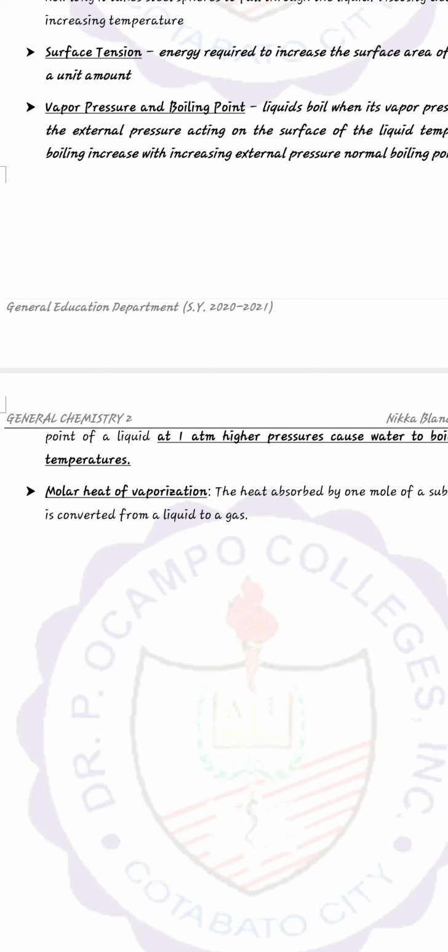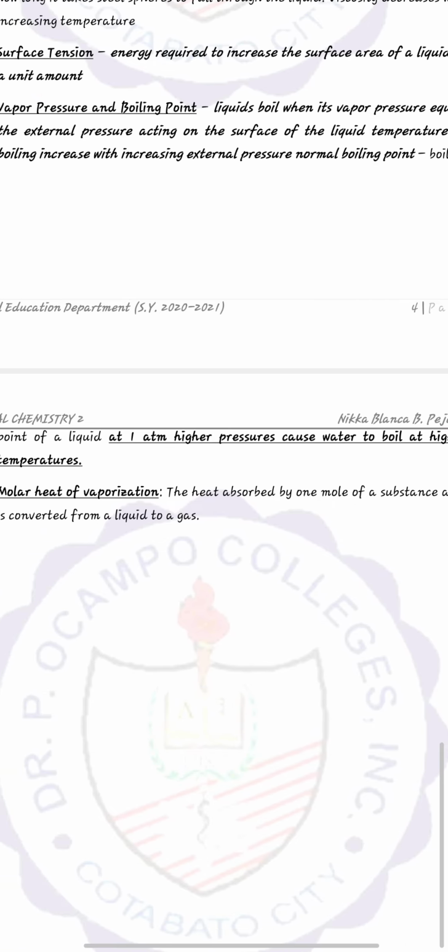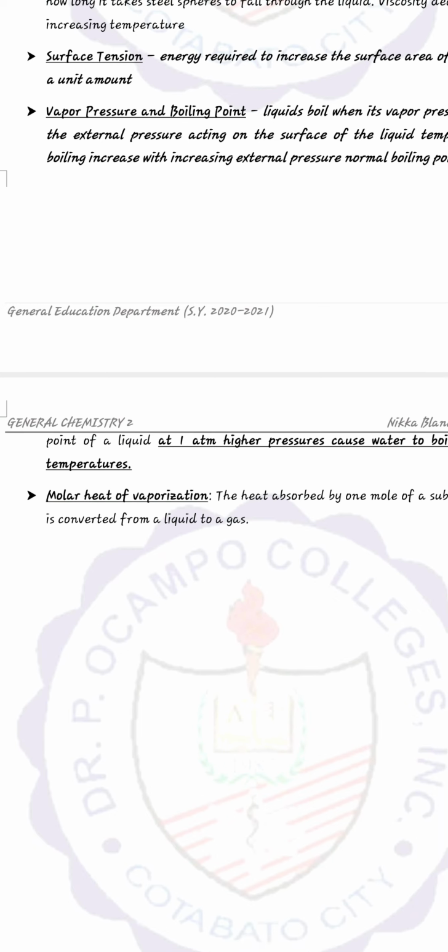Lastly, we have molar heat of evaporation. When we say molar heat of evaporation, this is the heat absorbed by 1 mole of a substance as it is converted from a liquid to a gas. So molar heat of vaporization involves a certain calculation or formula. Kasi why? It involves now a certain mole.